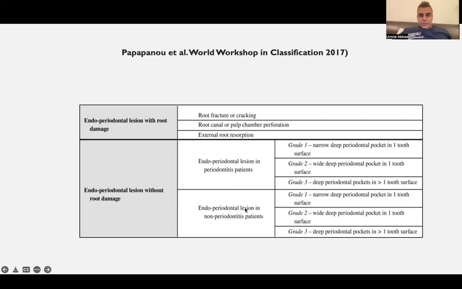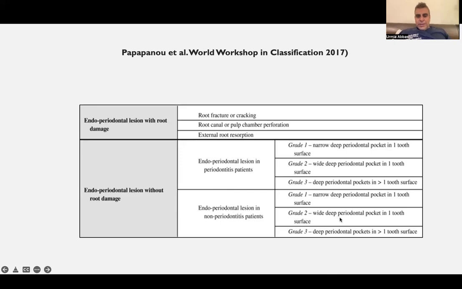And the other one is endo-perio lesions in non-periodontitis patients. So this is without periodontal disease. And so you have grade 1, where there's a narrow, deep periodontal pocket in one tooth surface.